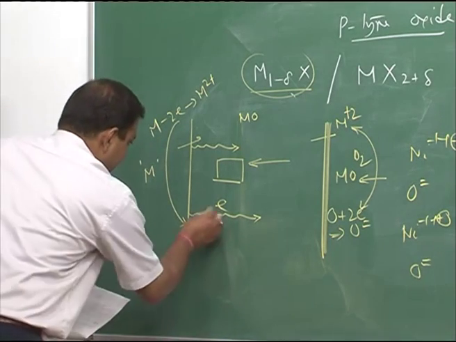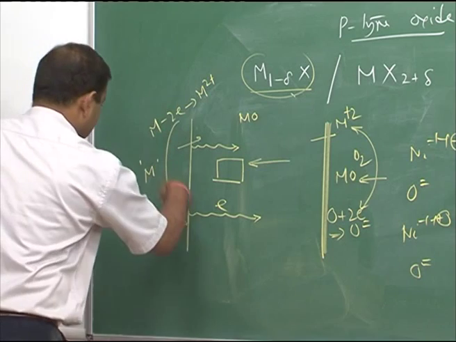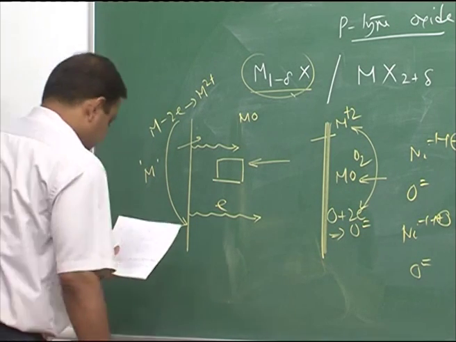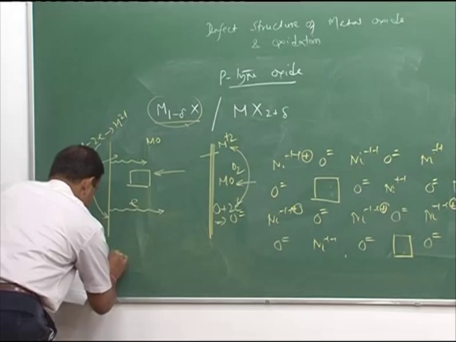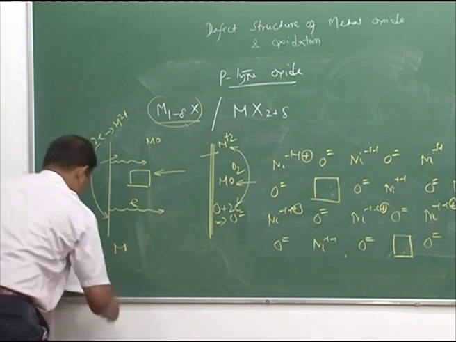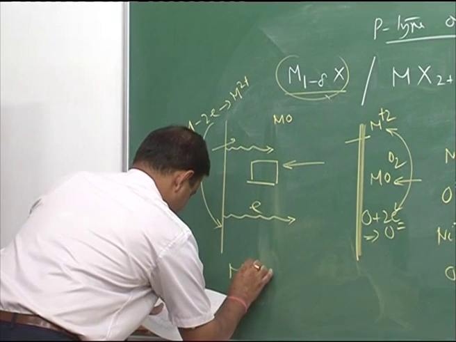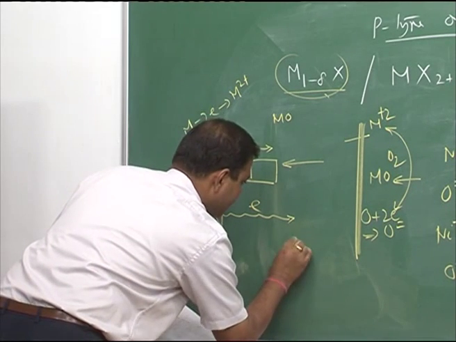Now, here we have 2 electrons which are coming through the metal to the other section. And so also we have a hole here.